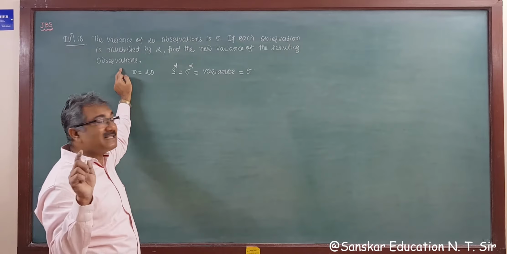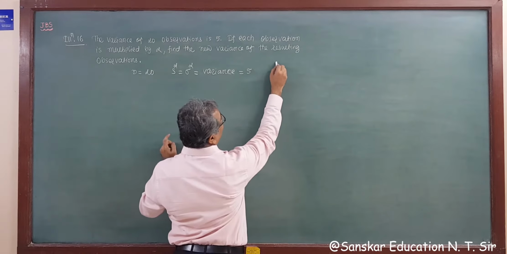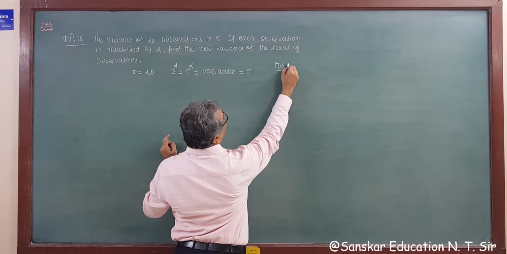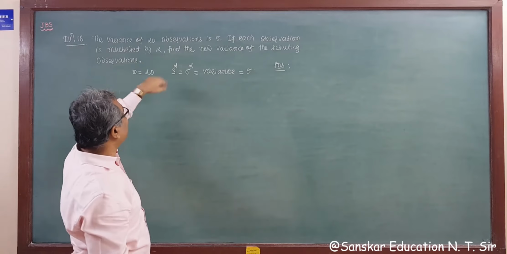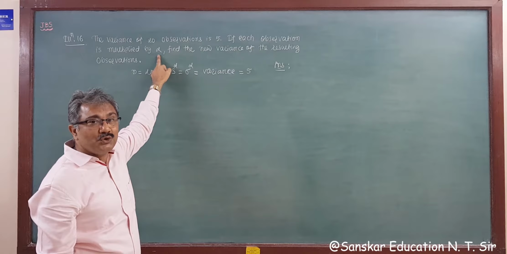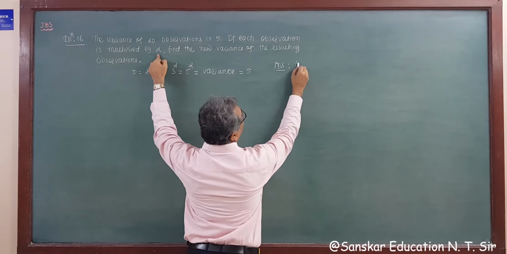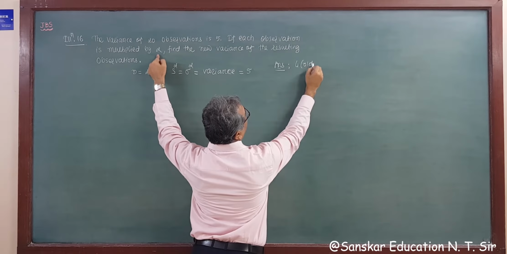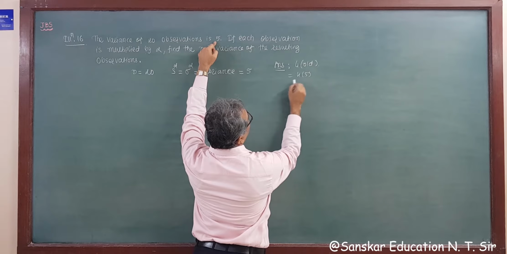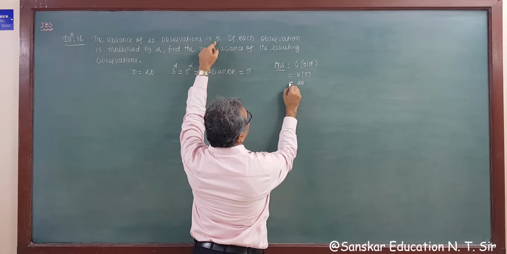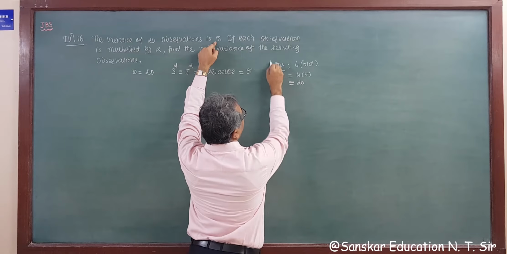So what is our answer for a competitive exam or MCQ? New variance is k square times the old one, so 2 square, that is 4, into the old variance 5. So your answer will be 5 into 4, that is 20.